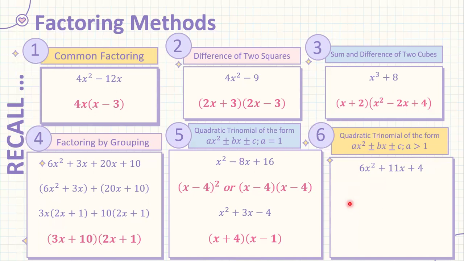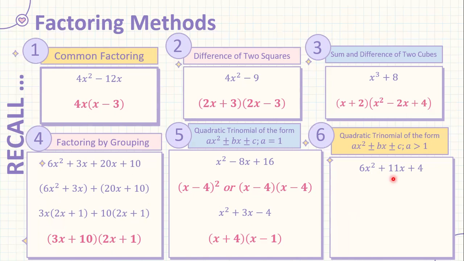And paano natin malalaman yung pangalawang term nilang factors? We have this 11x. So we find numbers that when you add will give you 11x. Diba?